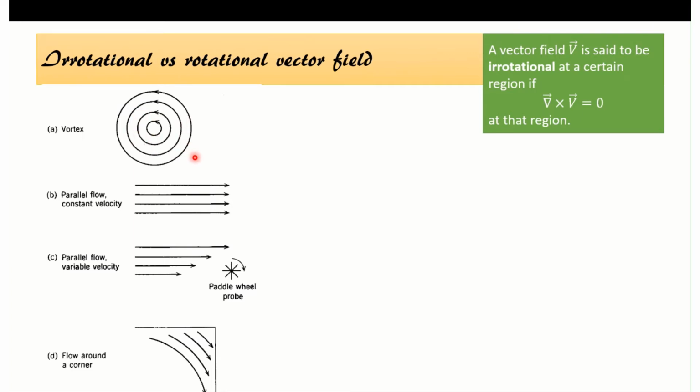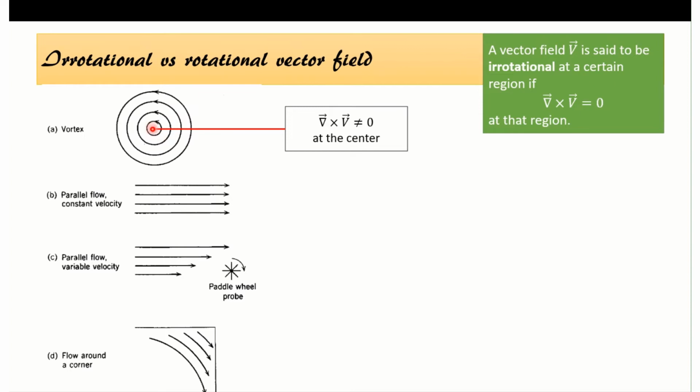Now if you ask yourself whether this is a field which rotates or not, you will see that if you evaluate the curl of the vector field like this, you will find that it is not zero at the center.